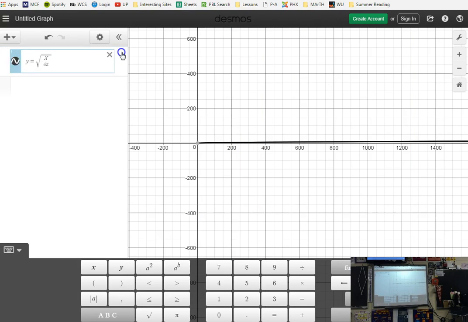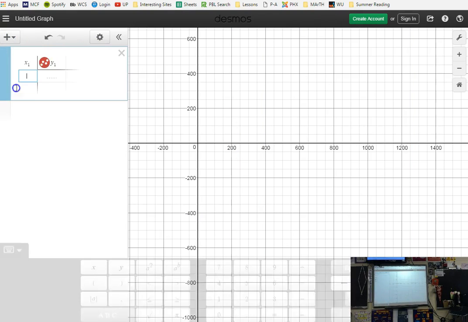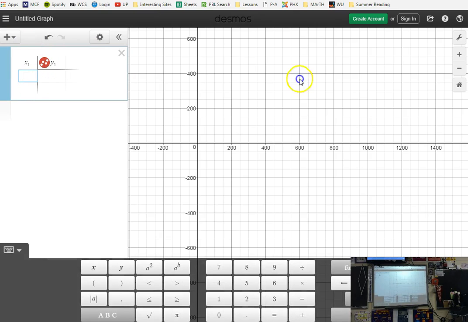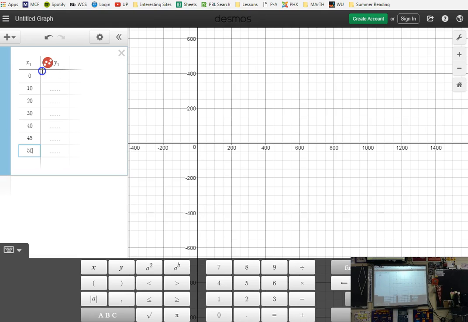So it is, aside from the fact that it's not a calculator, it's a utility, it is your graphing calculator. So if I made my years since 1960, my first year would be 0. Then 10, 20, 30, 40, 45, and 50.